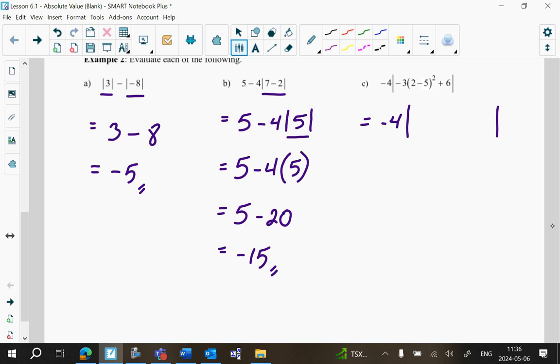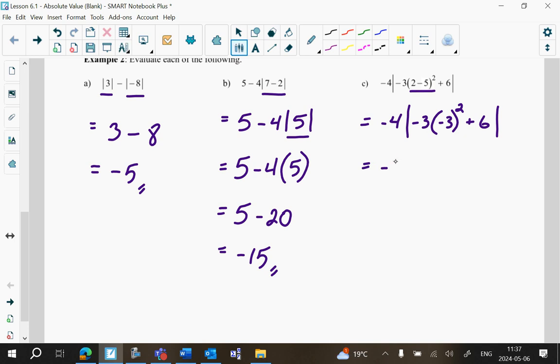And what do I do first? The parentheses, right? So I get negative 3 times 2 minus 5 is negative 3, all squared plus 6. Still not touching this stuff.